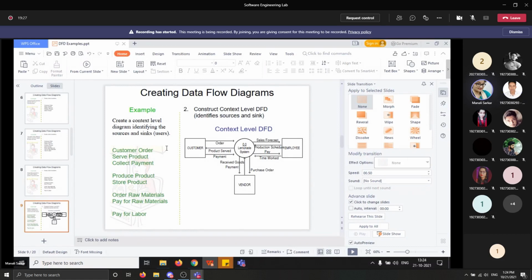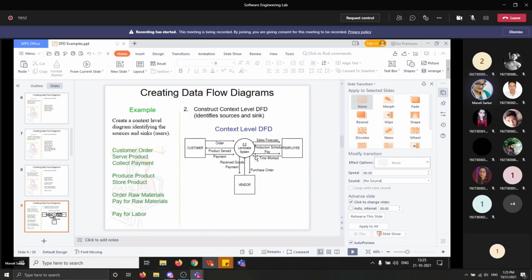So see here, the customer is ordering lemonade. Okay, so this is the zero level DFD. That's why we have given 0.0. So customer is ordering lemonade system, which in turn is serving the product. And after that customer is giving the payment to the lemonade system.